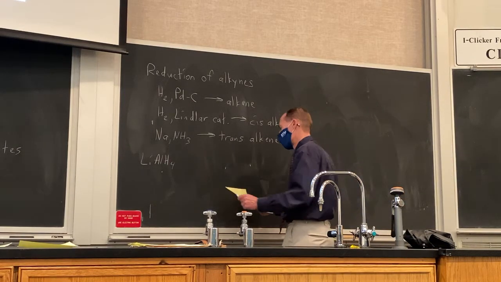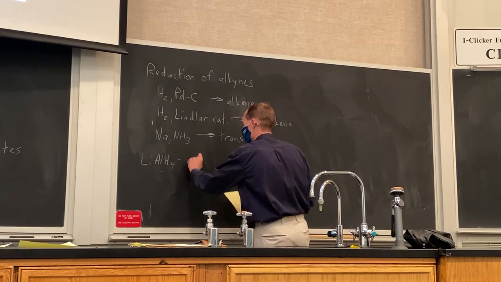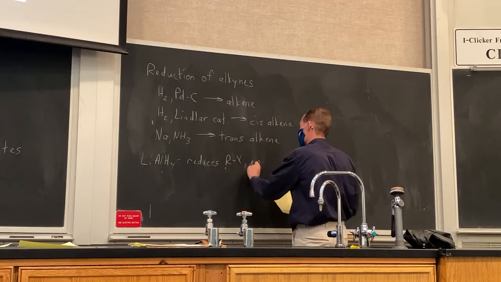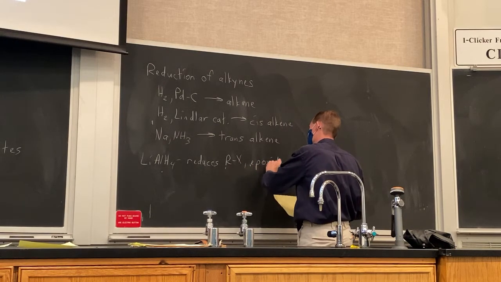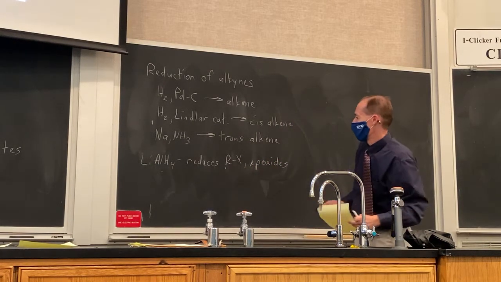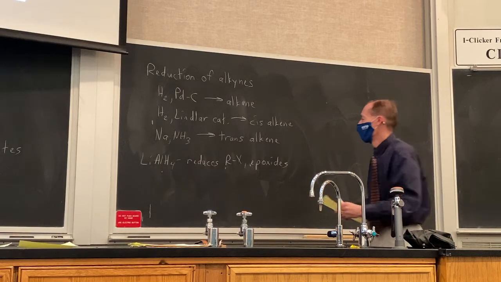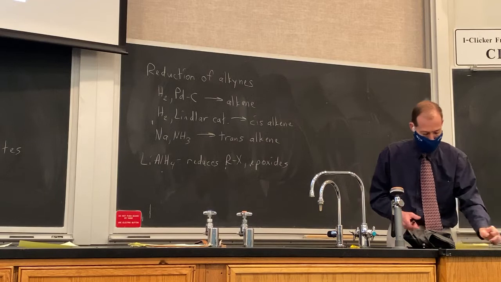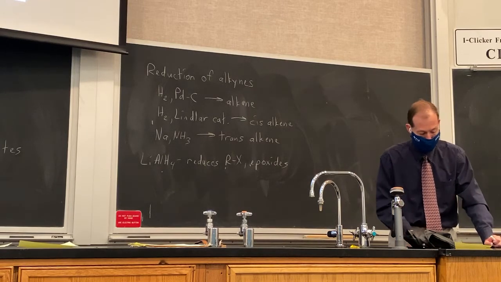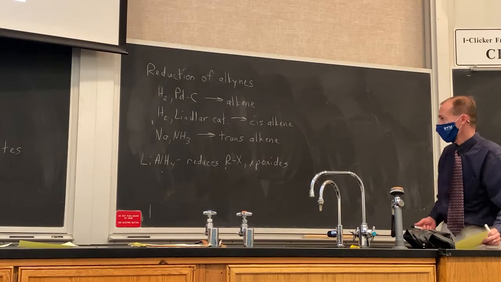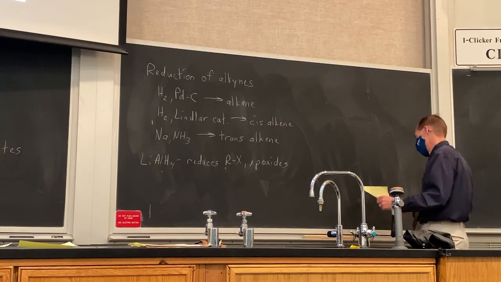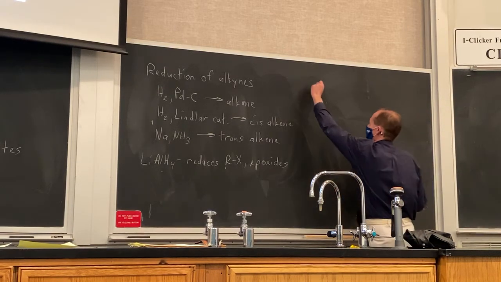And it was used to reduce alkyl halides and epoxides. Okay? And that was simply an SN2 mechanism, but that was our last reducing agent that we learned about. Okay? All right, so the remainder of the chapter focused on oxidation.